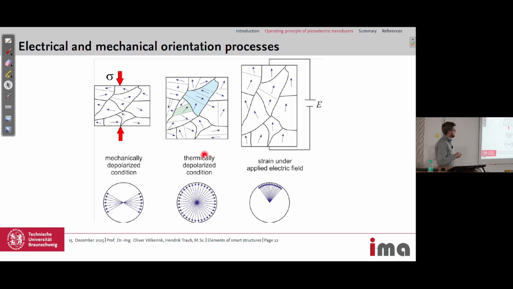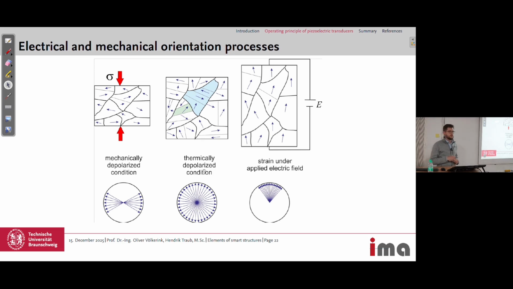If we have a thermally depolarized condition, then we have this random distribution again, and we could polarize it again when you apply an electric field again. So what do we have to do to depolarize it thermally?